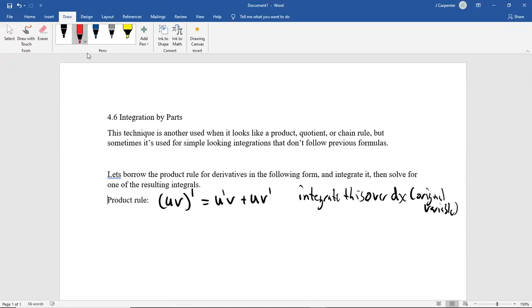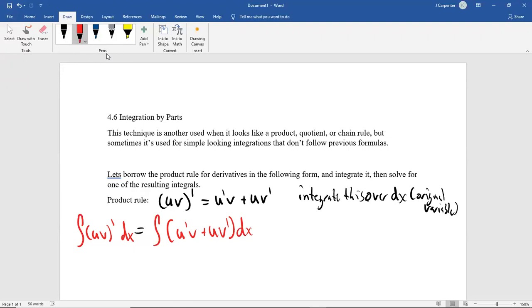So we're taking that black handwritten stuff and integrating both sides. When you integrate, you have to throw in that dx, whatever variable you're integrating over, because we're not going to see u's and v's in the problem, we're going to see x's. So the left side is the integral of u v prime times dx. The right side is the integral of u prime v plus u v prime all over dx.